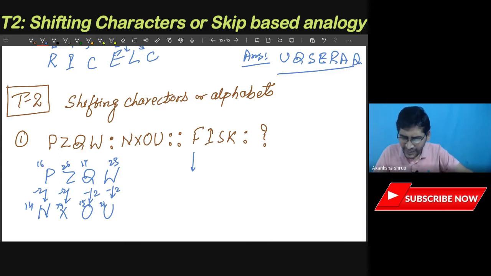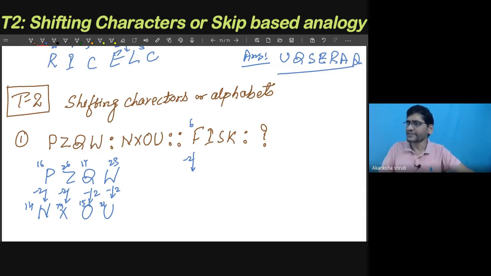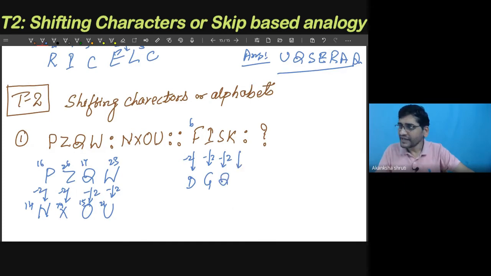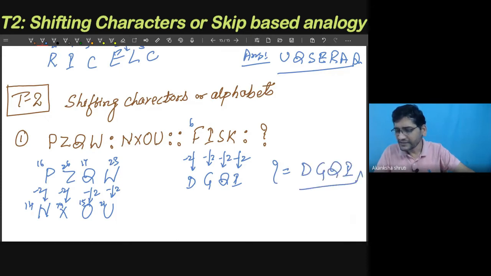So subtract the 2 from the F. F is our 6. 6 minus 2 is our 4. No need to write the 4 and waste the time. So 4 is our D. I 9 minus 2, 7. So G. S 19 minus 2, 17. So 17 is our Q. K, 11 minus 2, so 9. I. So what is equal to DGQI? Okay, this is the answer.